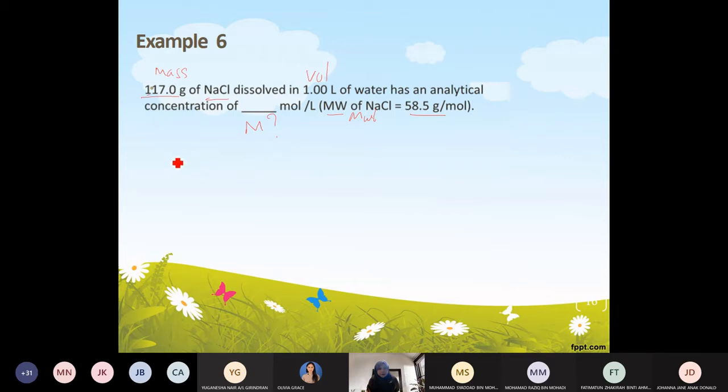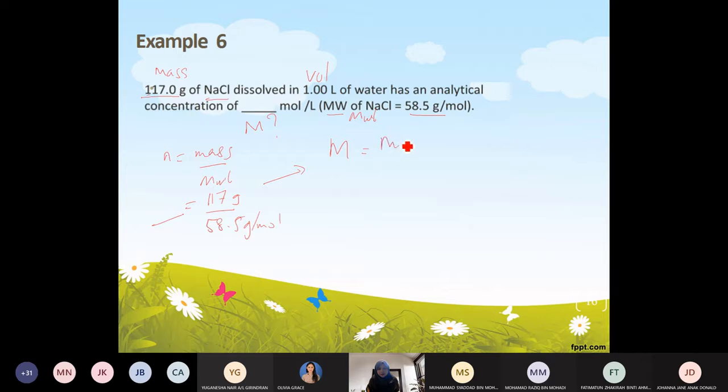First of all, kita pakai rumus yang kedua. N tadi. Okay. Mass over molar mass. So masukkan 117. Molar mass 58.5 gram per mole. So kita akan dapat mole here. Okay. Go to the second formula.